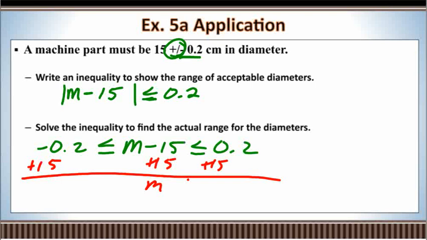The machine part can be less than or equal to 15.2 centimeters in diameter, and greater than or equal to 14.8 centimeters. That is our lesson today on solving absolute value inequalities.